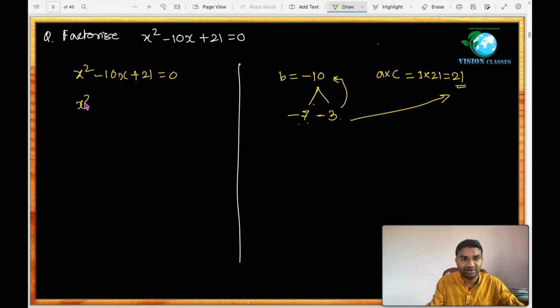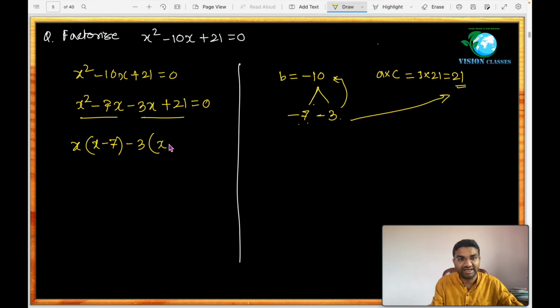Getting it? So x square minus 7x minus 3x plus 21, which is equal to 0, right? So from the first two terms you can take out x common, x minus 7, and minus 3, x minus 7, right? So x minus 7 and in another bracket x minus 3, which is equal to 0.